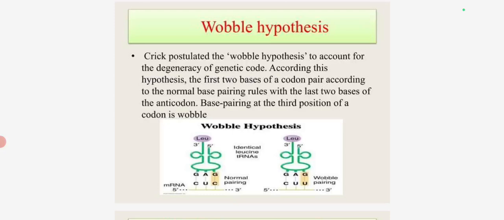The picture shows the first diagram: mRNA consists of CUC, tRNA consists of GAG. This is normal pairing. Instead of this, wobble pairing means mRNA consists of CUU, tRNA consists of GAG. Here the third base pairs are wobble, not complementary to each other. This pairing is called the wobble hypothesis.